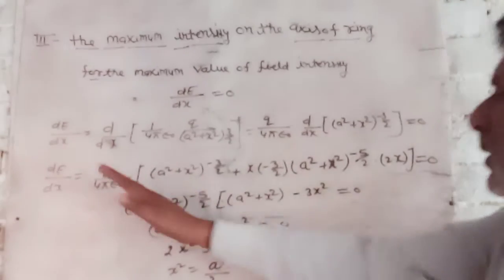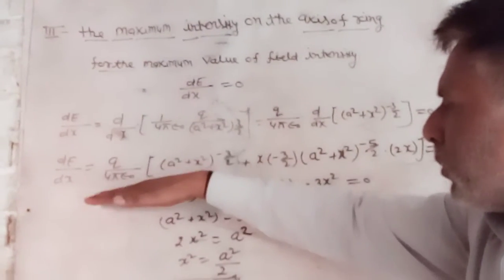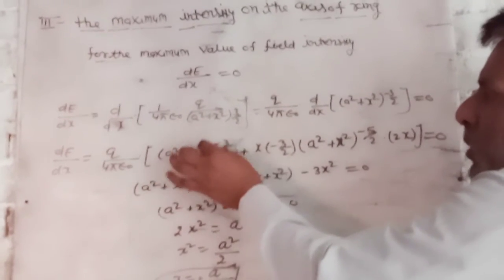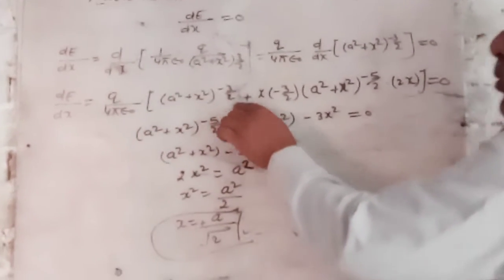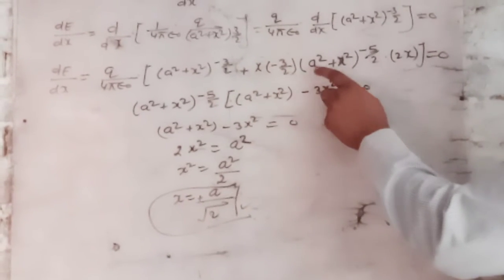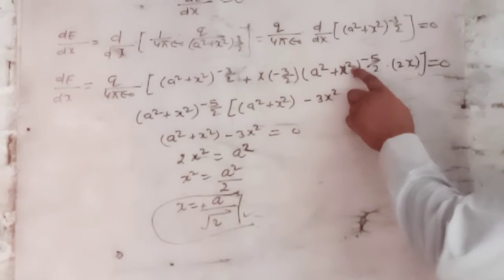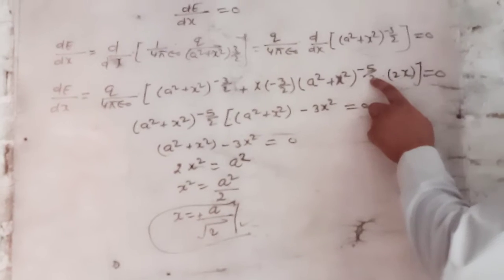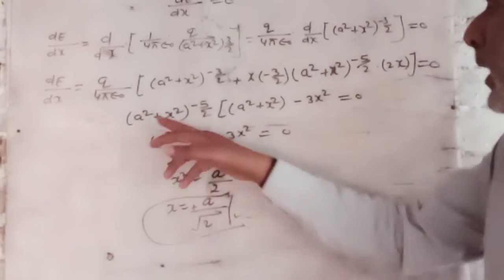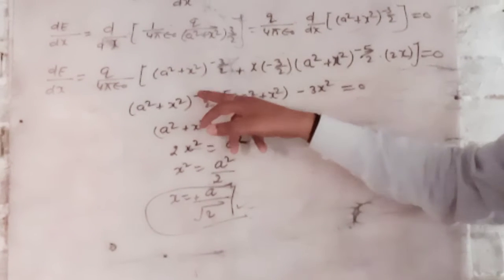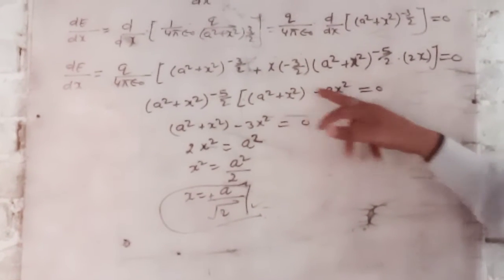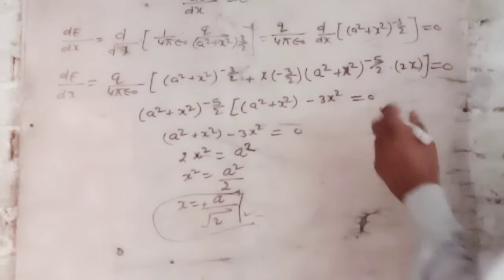Or d by dx is equal to Q by 4 pi epsilon naught, a square plus x square power minus 3 by 2 plus x into minus 3 by 2 into a square plus x square power minus 5 by 2 into 2x is equal to 0. और a square plus x square power minus 5 by 2 into a square plus x square minus 3x square is equal to 0.